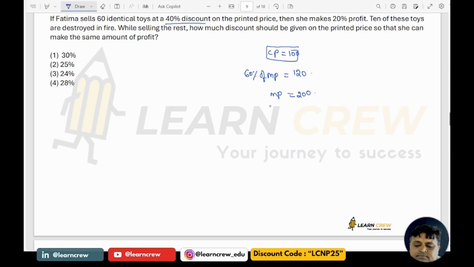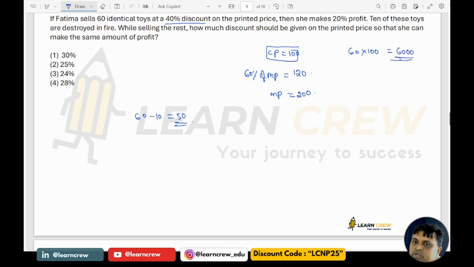Now it is given that 10 of these toys are destroyed. Out of 60, if 10 are destroyed, the remaining are 50. So 60 are purchased, total 60 into 100. How much?